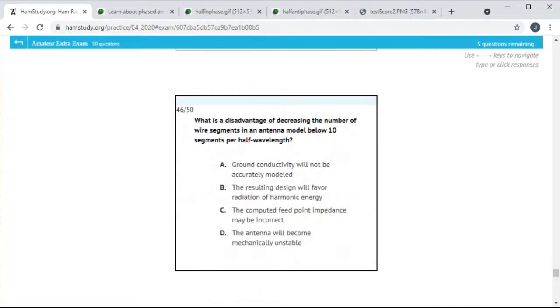What is the disadvantage of decreasing the number of wire segments in an antenna model below 10 segments per half wavelength? A, ground conductivity will not be accurately modeled.